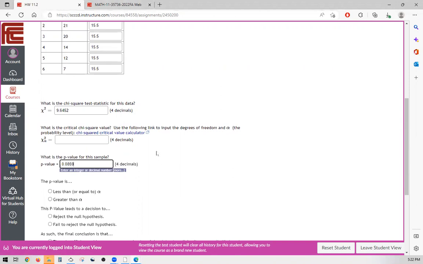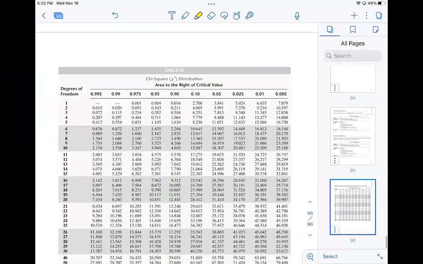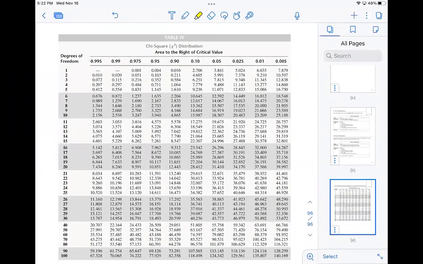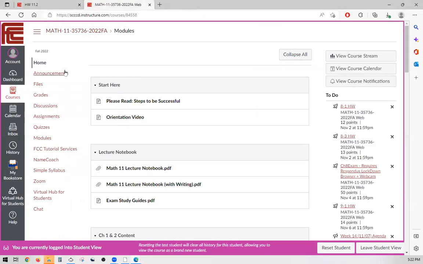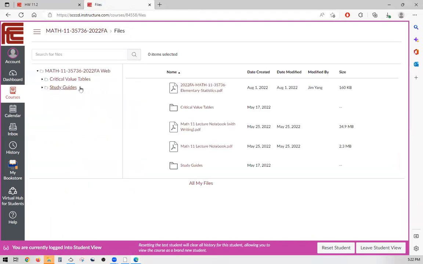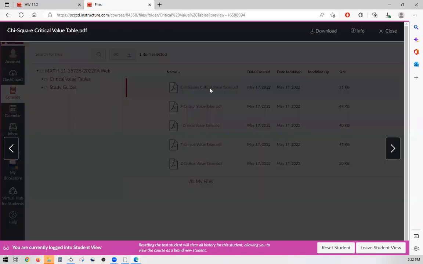I have the chi-square critical value table right here. If you're on Canvas, working on your homework from home, you can access it by going to Files and then Critical Value Tables. And there's the chi-square critical value table.